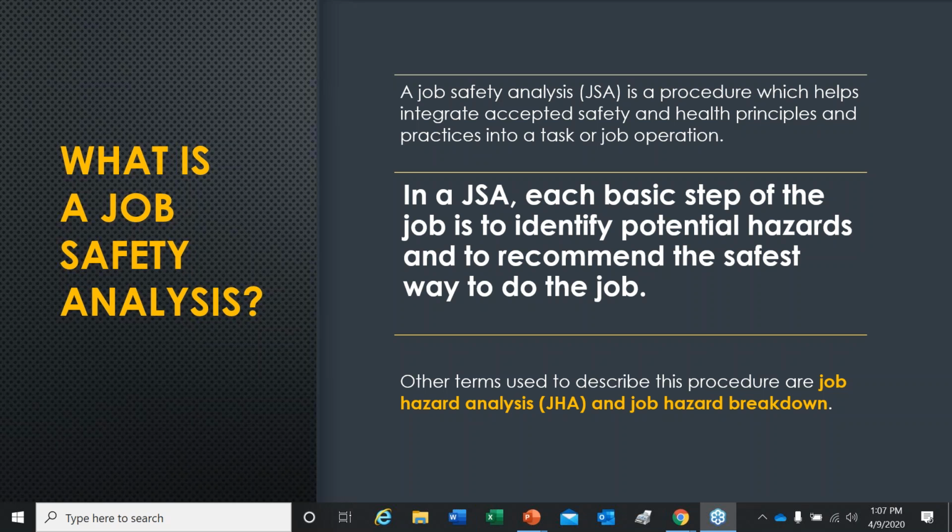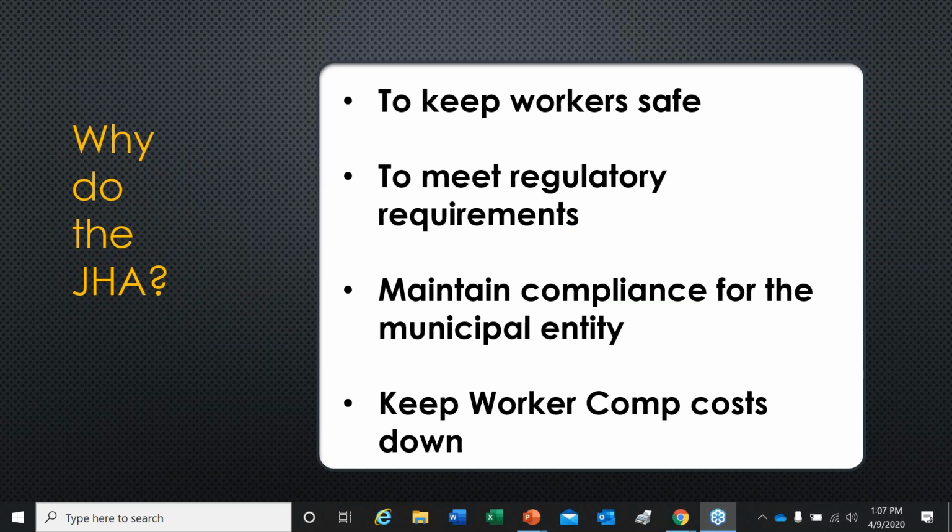There are two ways of calling it. It's either a JHA or a JSA. Both are used together, but either one of them is a good way to look at it and get it done.